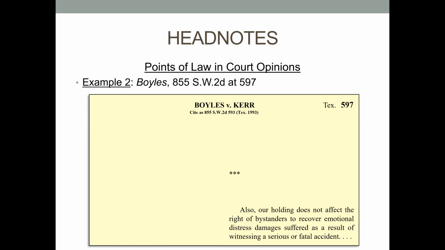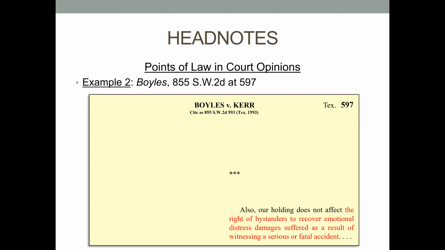Here's a second example of a point of law from the same Boyles opinion. Later on in the opinion, the court says, "Our holding does not affect the right of bystanders to recover emotional distress damages suffered as a result of witnessing a serious or fatal accident."